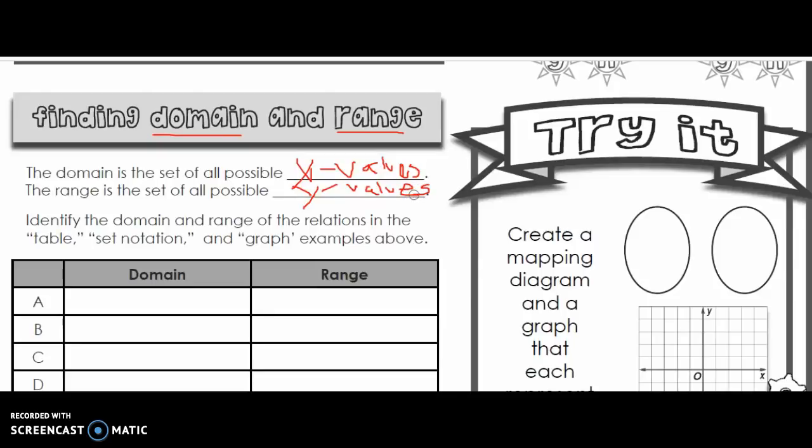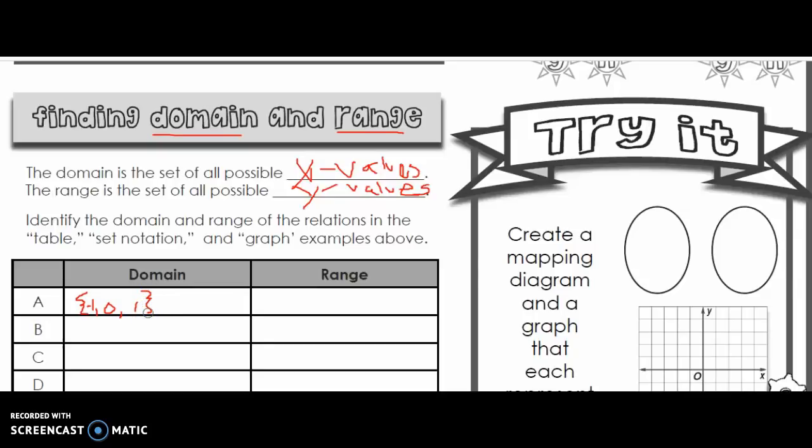Now it says identify domain and range of all the relations in the table. Set notation and graph examples above. So I'm going to just start you off here. If you look up at the top at the table, we had the numbers in the x column, it was -1, 0, and 1.